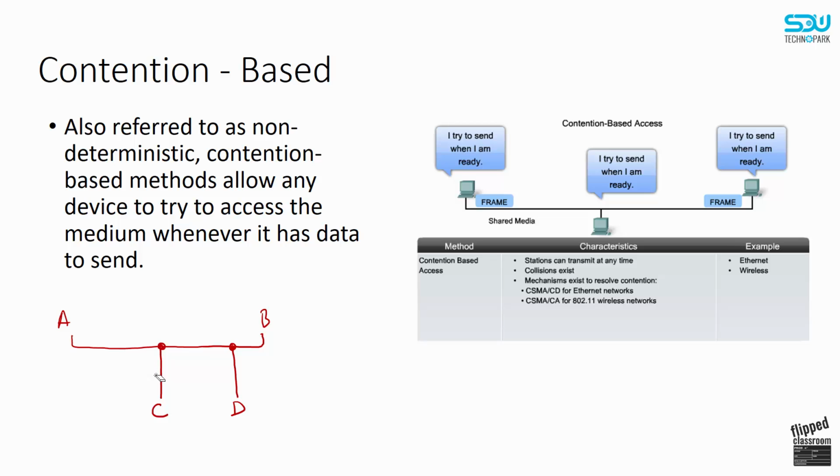Okay, what happens when computer A wants to send information to computer B? The first thing computer A has to do is listen to the media. Because if someone else is communicating through this media, computer A will sense it, since it is electrical signals. For example, if computer B is already making communication, computer A can hear it.